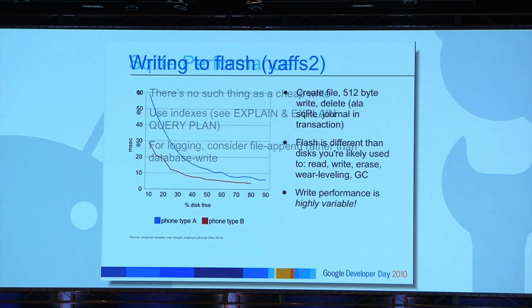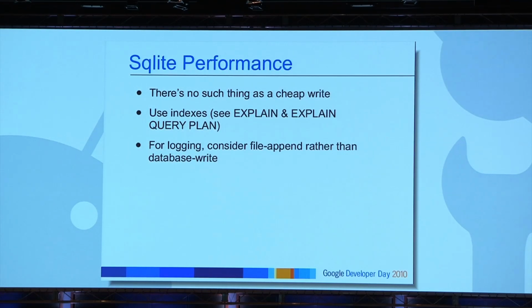Okay? Now, as we all know, the Android framework includes SQLite for database operations. And people think that SQLite is a small, simple database. And it is small and simple, but only by comparison to other databases. In fact, it's a large and complex piece of software. And if you do something like explain query plan on a simple SQLite transaction, you will be amazed at what the database is doing.